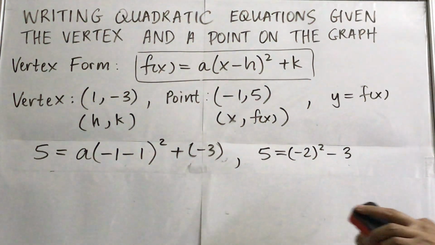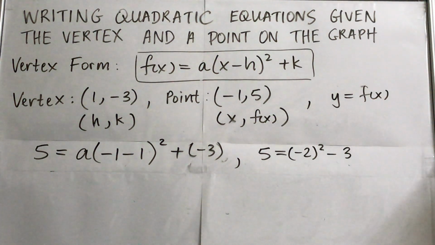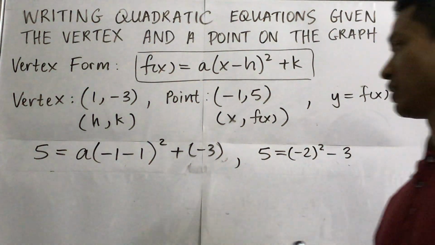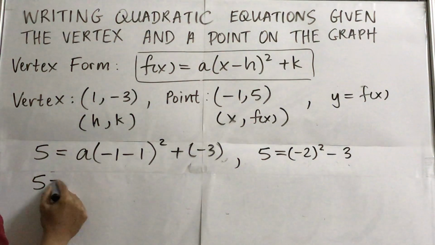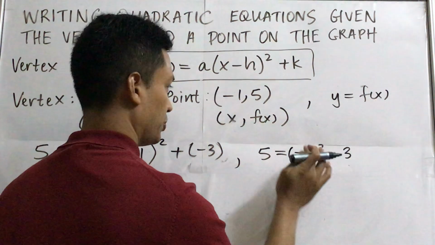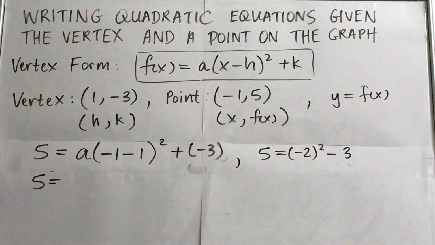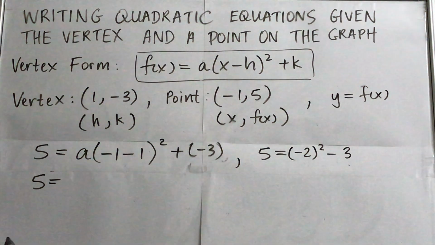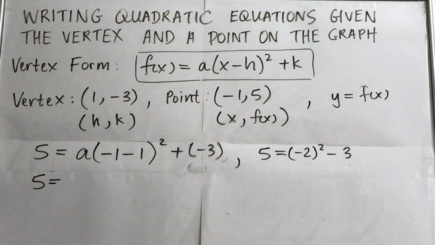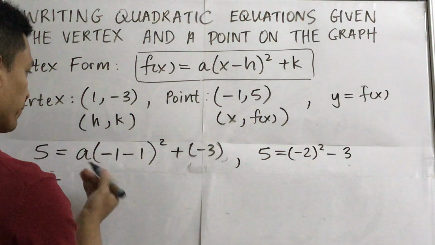Okay, everyone follow? Let's keep simplifying as we go along. 5 equals a times (-2) squared. -2 squared is the same as -2 times -2. Now what is the answer? Is it 4 or -4? It's +4.